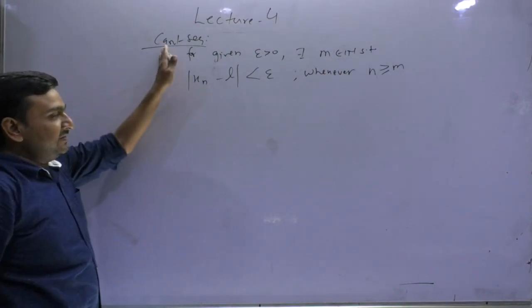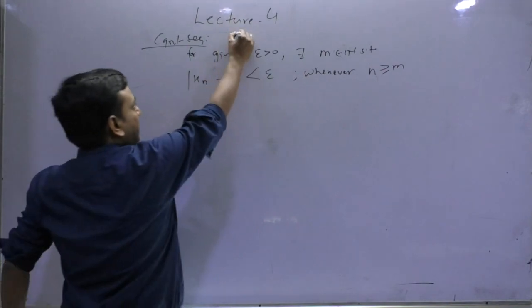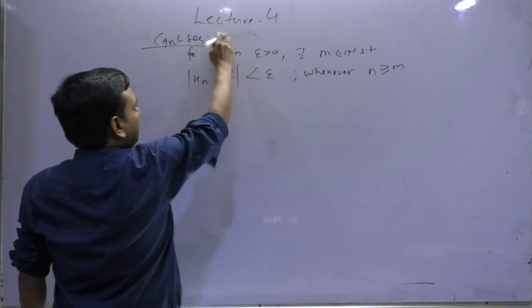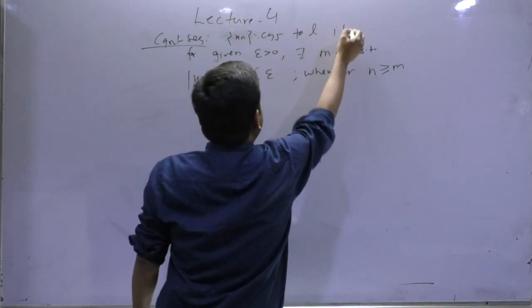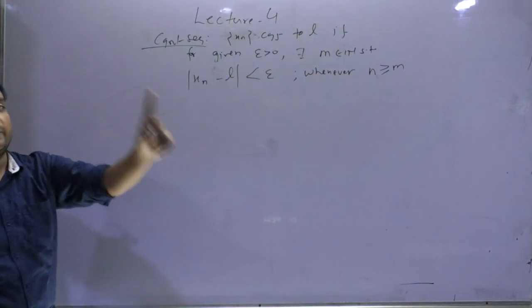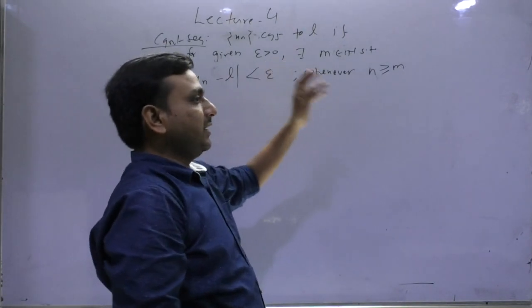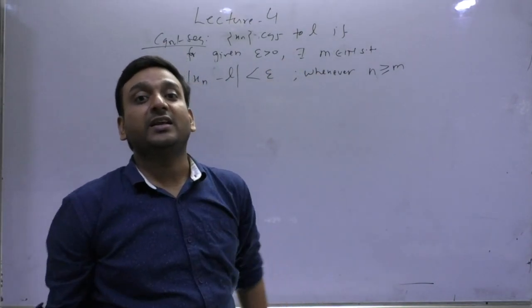So the definition of a convergent sequence: xn converges to L if for any given epsilon greater than 0, such a thing happens. Revise and re-revise.